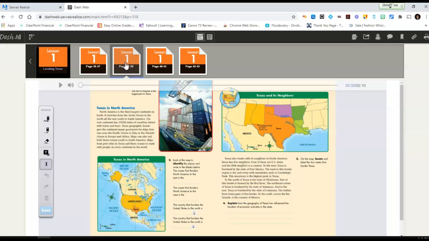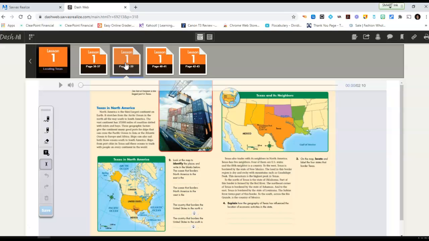These geographic factors give the continent many good ports for ships that can cross the Pacific Ocean to Asia or the Atlantic Ocean to Europe and Africa. Ships can also sail both those oceans south to South America. Ships from port cities in Texas sail these oceans to trade with people on every continent in the world.